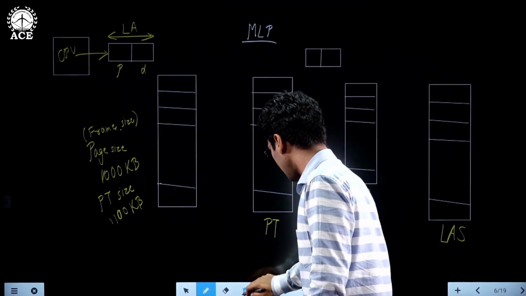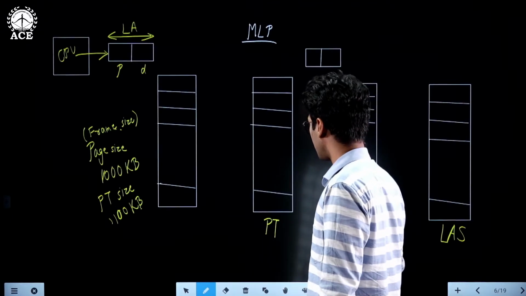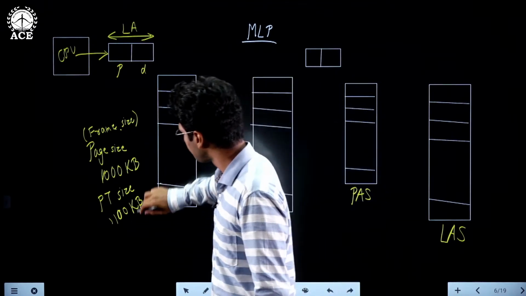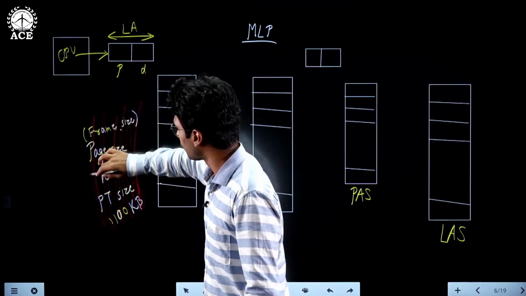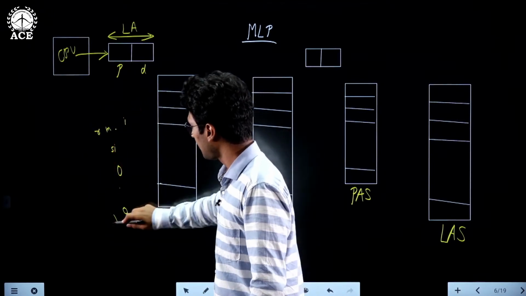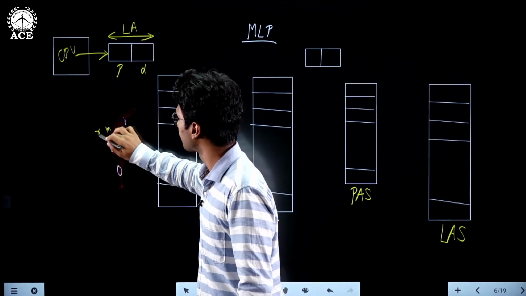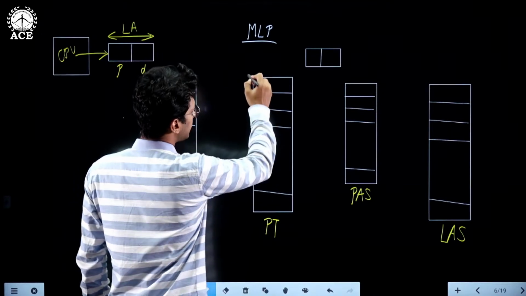If you observe this one, let me undo. When are we performing paging? If the page table size exceeds frame size, then only we perform further paging. Let's say this is the frame size.